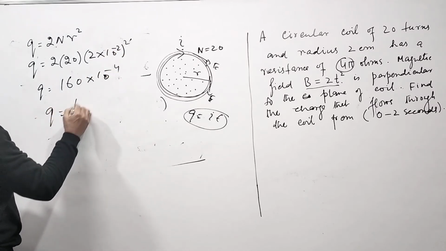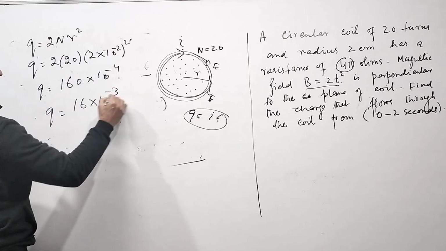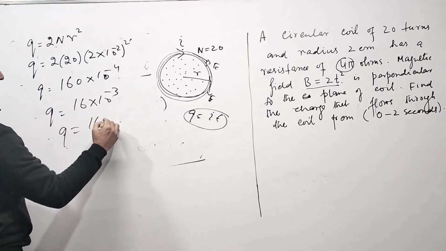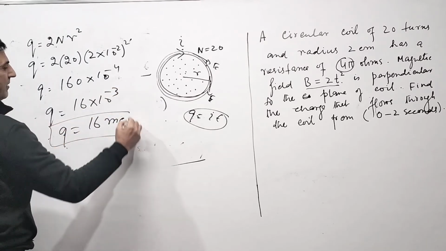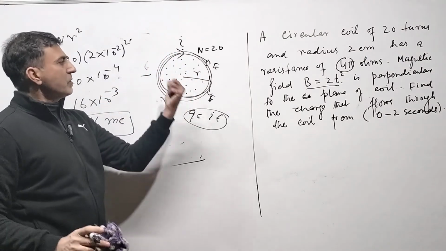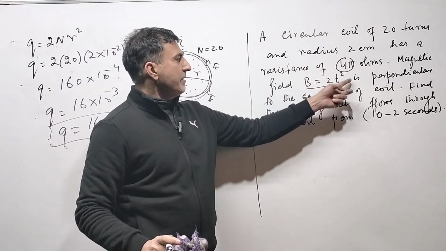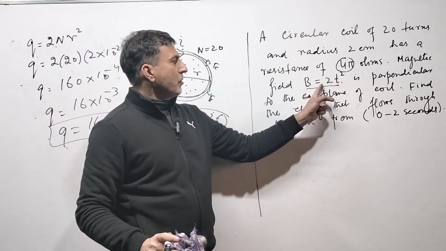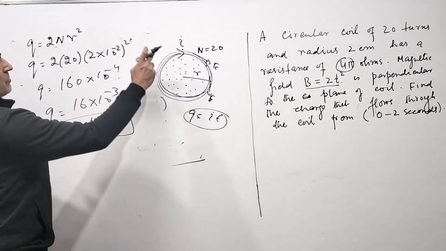That's Q is equal to 16 into 10 raised to power minus 3. Q is equal to 16 millicoulomb. Answer. This is the charge that flows through the coil when the magnetic field through this coil is a function of time, B equal to t square, and the number of turns is 20.